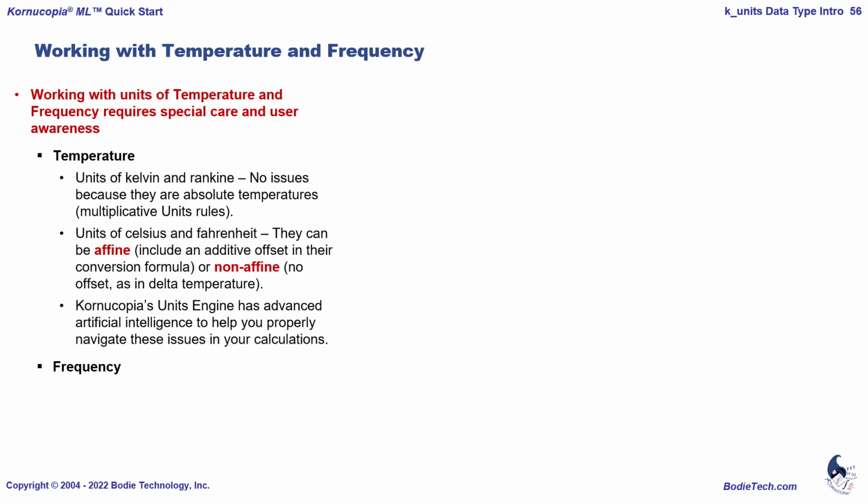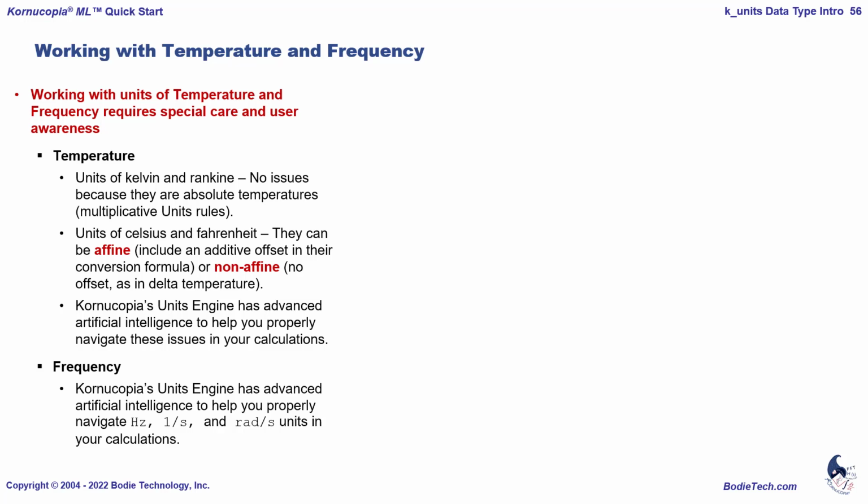Frequency, Kornucopia also has capabilities to handle relationships of things like hertz and kilohertz and such, and inverse seconds and other forms of inverse time, and then radians per second when you're doing circular frequency kind of things like omega and things like that. There are some specific rules you have to follow because in the hertz to inverse second to radians per second, there's a 2 pi that's not easily tracked. Kornucopia does perfectly fine tracking it if you're dealing with these.